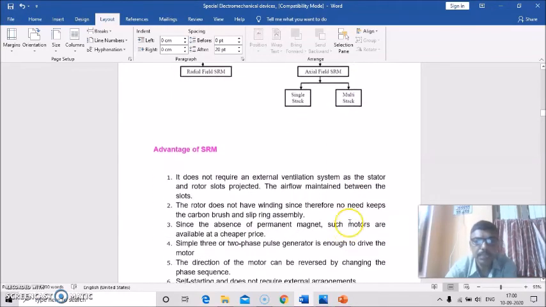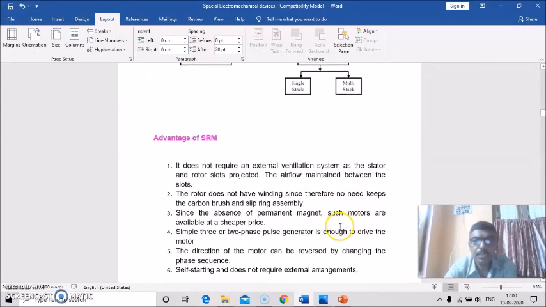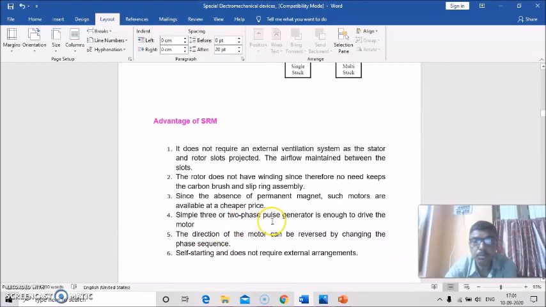So these are the types, and the advantages are: it does not require any external ventilation system as the stator and rotor slots are projections and airflow is maintained between the slots. The rotor does not have windings, therefore there is no need for carbon brushes and slip rings during assembly. Since there are no permanent magnets, such motors are available at a cheaper price, and a simple two-phase pulse generator is enough to drive the motors.